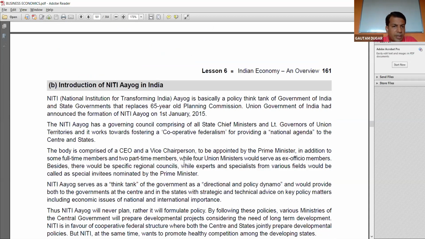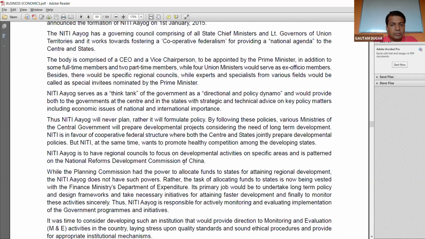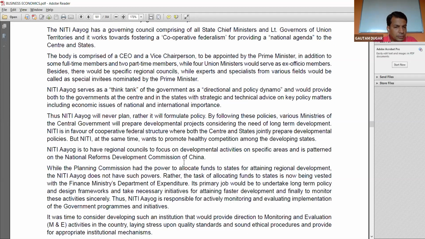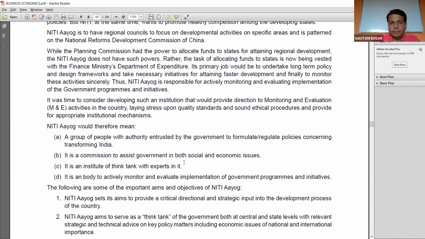It's not mentioned over here, but you should note down that the Prime Minister is the ex officio chairperson.